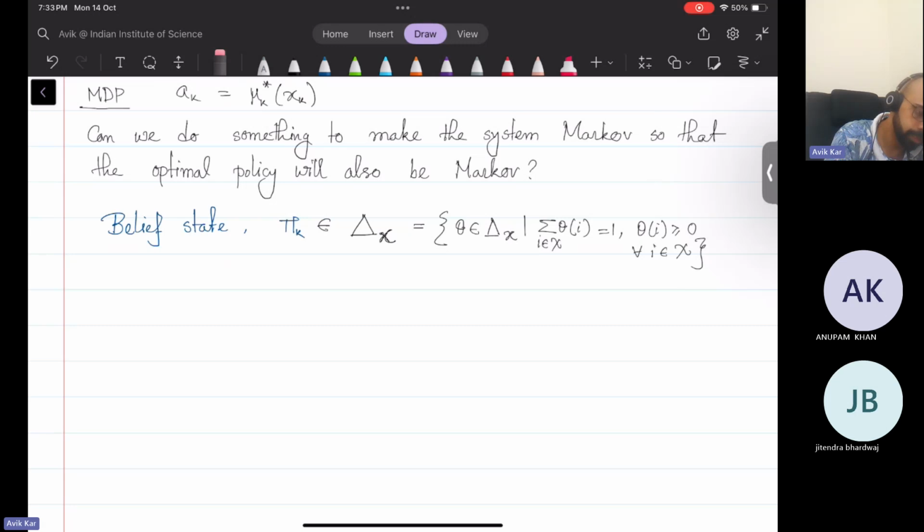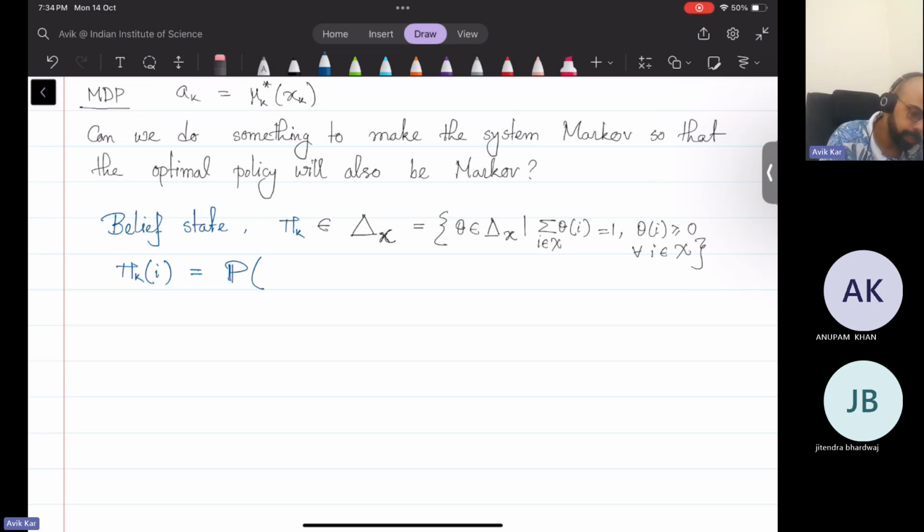Now, this particular element in the simplex denotes the probability that x_k belongs to, sorry, so π_k(i) means, the PMF is a vector, right?